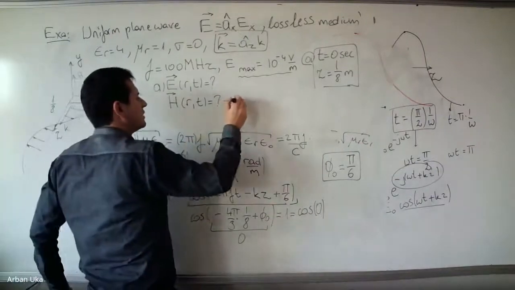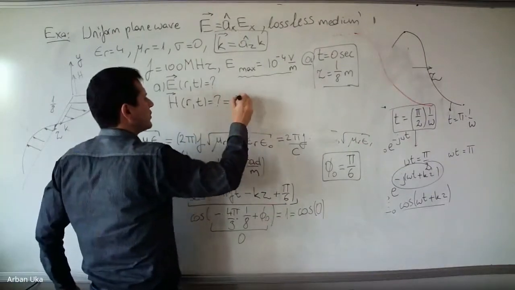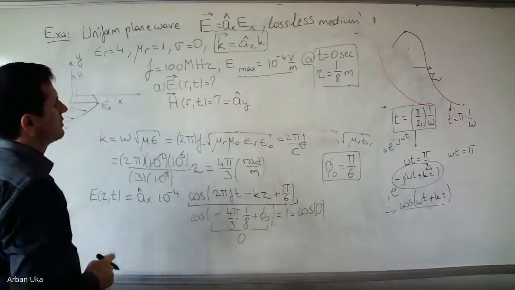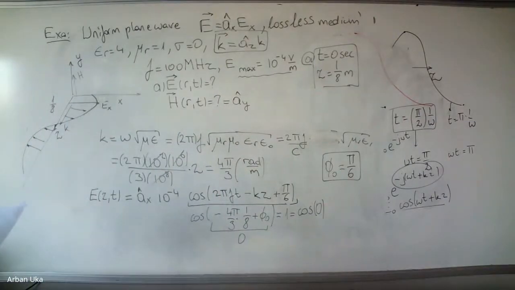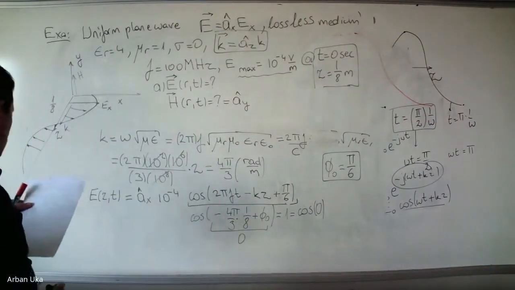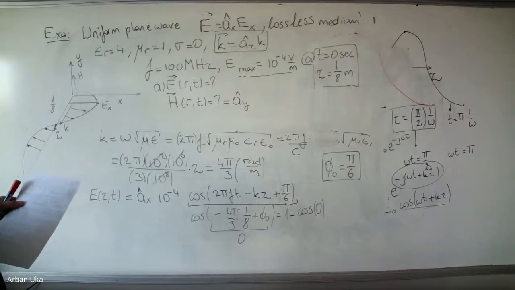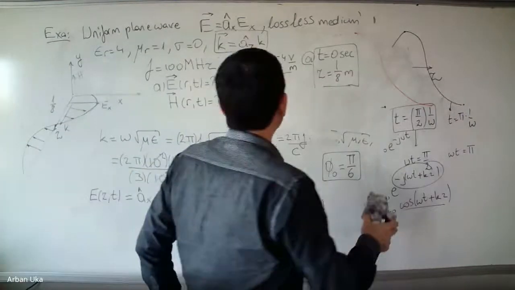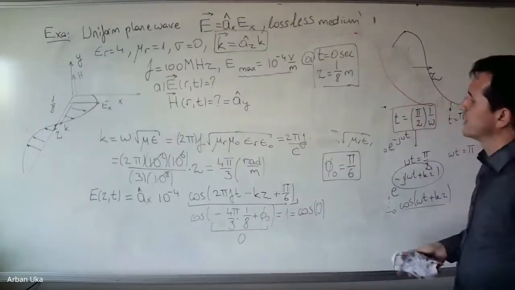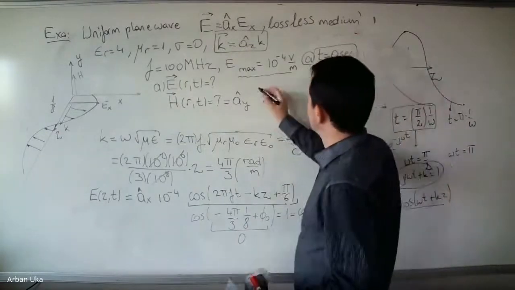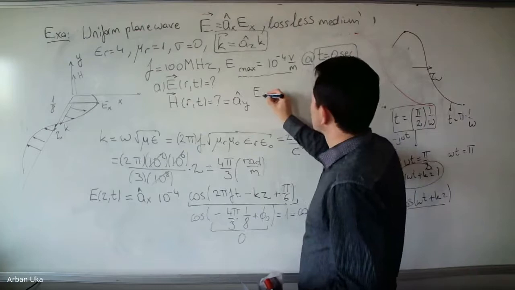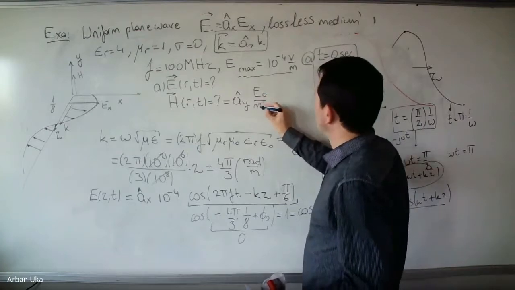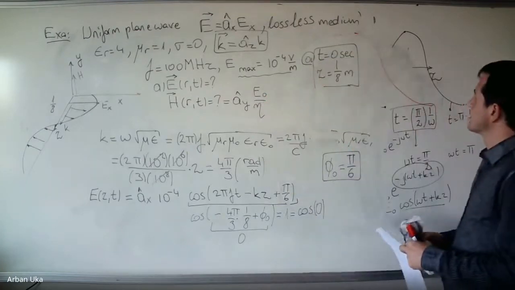So here we can directly report that H is going to have a direction along a_y times the magnitude, and the magnitude of magnetic field is always equal to the magnitude of electric field divided by the impedance. So for a moment, let's write here E0 over this impedance.